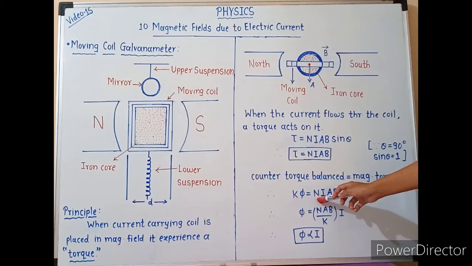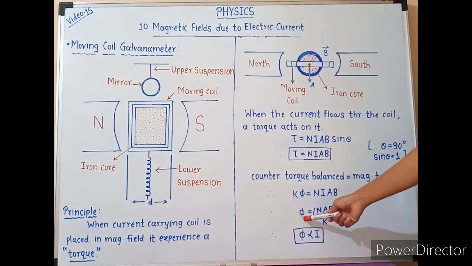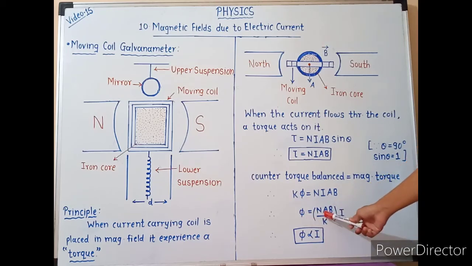Here N is the number of turns of the coil, I is the current flowing in the coil, A is the area of the coil, B is the magnetic field, K is the torsional constant, and phi is the steady angular deflection. So from this equation we can write the steady angular deflection phi is equal to NAB upon K into I. Here the number of turns N, the area of the coil, the magnetic field and the torsional constant K are all constant.